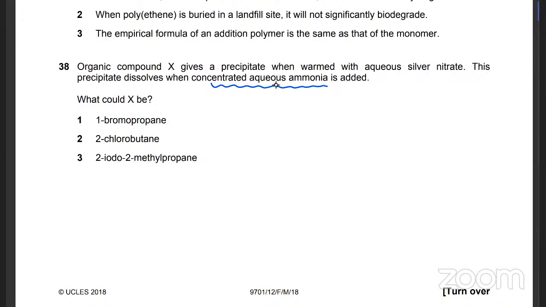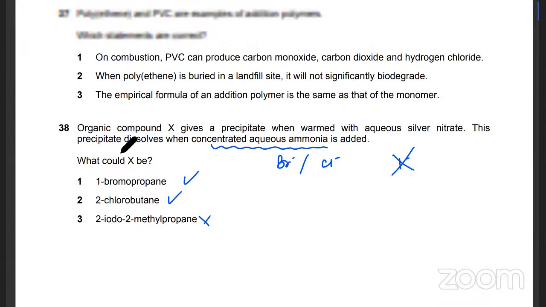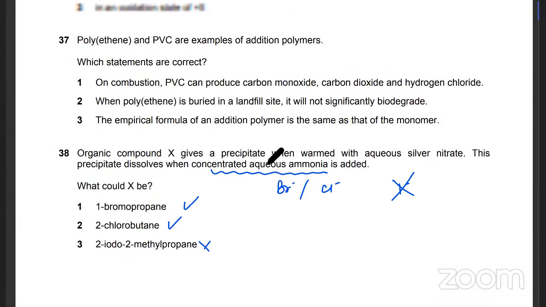Okay, so it's going to be both Br- and also Cl-. I mean, Cl- dissolves anyways, it doesn't even need to be concentrated. It can't be I-, so that's gone. Basically, those are the two options. This one will provide the bromide ion, this will provide the chloride ion, and you'll have a precipitate that will dissolve.